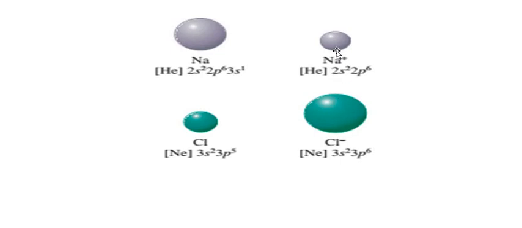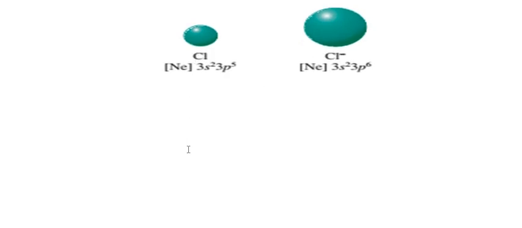So the radius of the cation is smaller than the radius of the neutral atom, while in the case of anions, the radius of the anion is greater than the radius of the neutral atom.